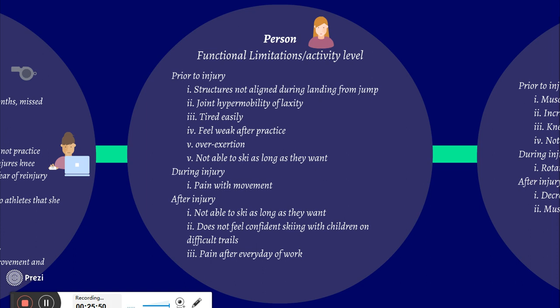The person was fatigued really easily, felt weak after practice, or was overexerting themselves. All these things can lead to higher risk factors. And then during the injury, the patient had pain with movement. That would be an example of a limitation at this level.